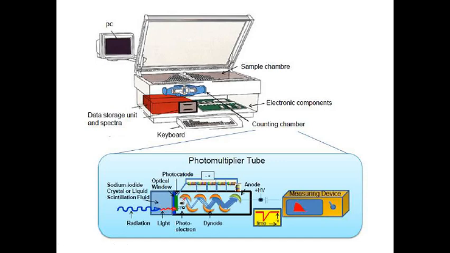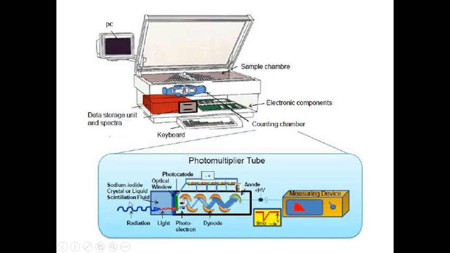Suppose this face is open for the ionizing radiations. In front of this there is a radioactive element. That radioactive element continuously emits ionizing radiations. Those ionizing radiations fall on the scintillator or the compound which is able to produce fluorescence.